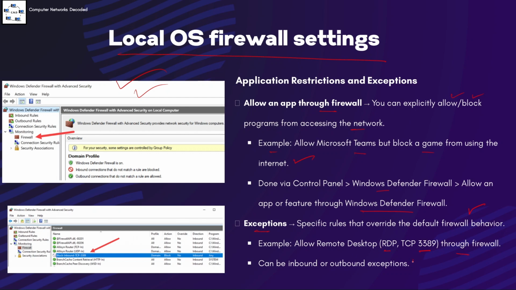The traffic can be inbound or outbound exception. As inbound and outbound is basically the traffic direction. If, let's suppose this is your PC, and you want to access, let's suppose, google.com.